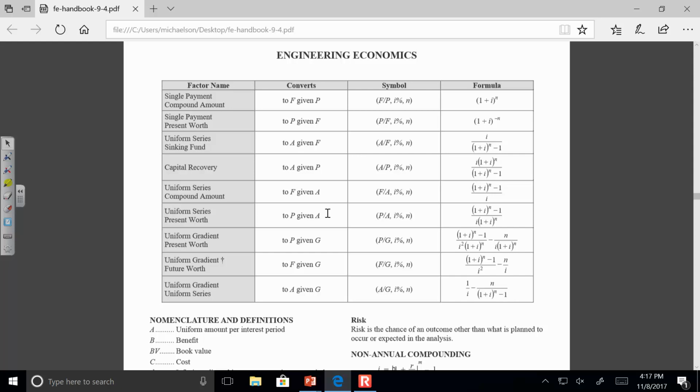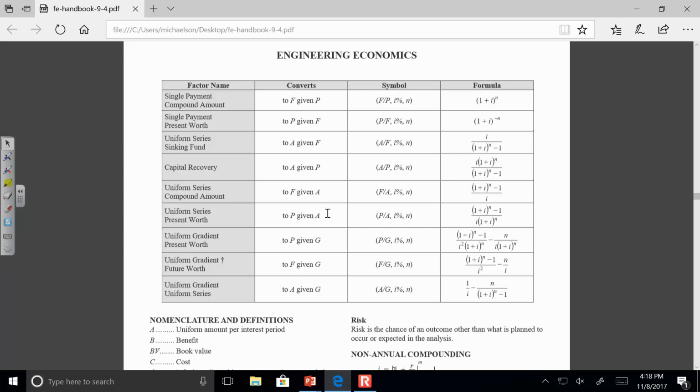$110. How much money is in that account after year two? There we go, 121. It's not 120, because the interest is computed based off of your new balance and so on and so forth. So if P represents a present value, P would be my $100 that I place into the account. F, my future value, is how much money is accrued after so many years.